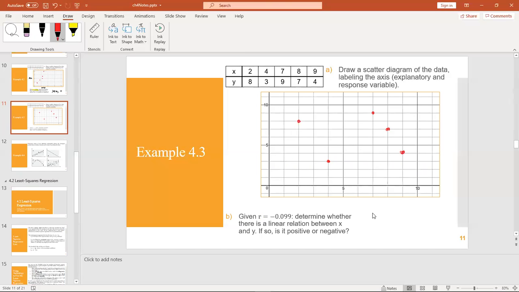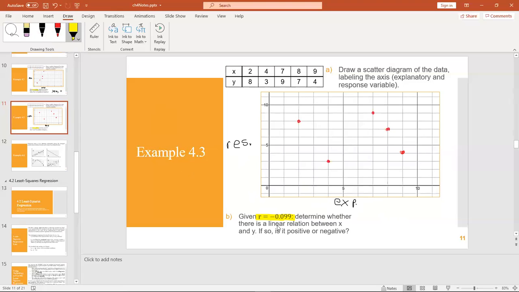All right, these are kind of spread out all over the place. Again, the horizontal axis, the x-axis is our explanatory variable. The response variable is the y-axis, the vertical one. All right, here they give me an R value, and they say determine whether it is a linear relation.